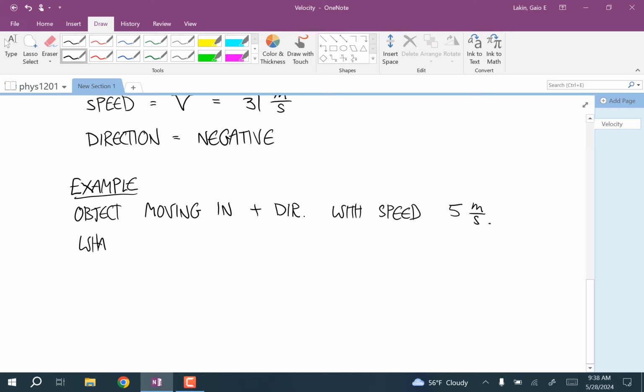What's its velocity at that instant? Okay, well, the velocity is plus or minus the speed. And then the sign is the direction that it's moving. In this case, it's moving in the positive direction. So the velocity is just 5 meters per second.